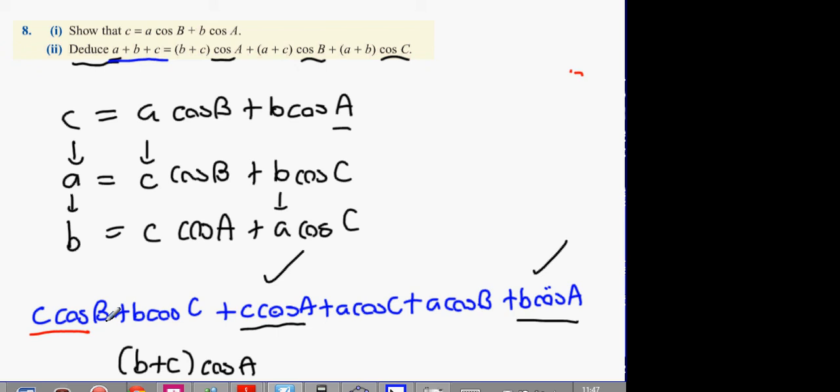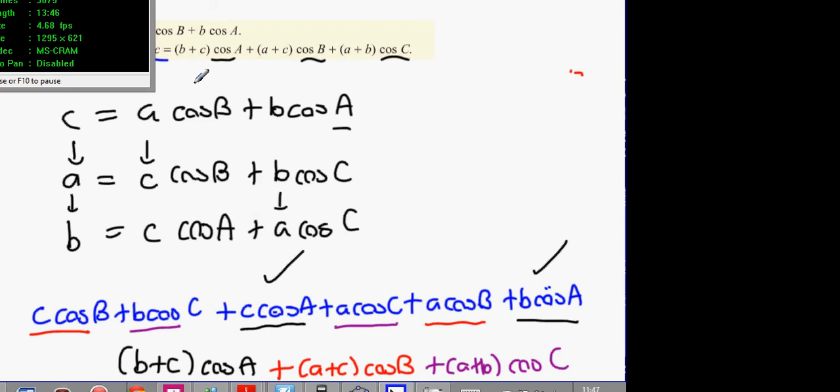Then cos B is C and A. So we're going to get plus A plus C cos B. And then finally, in pink is our cos C's. And what we're going to get there is A plus B cos C. Okay guys.